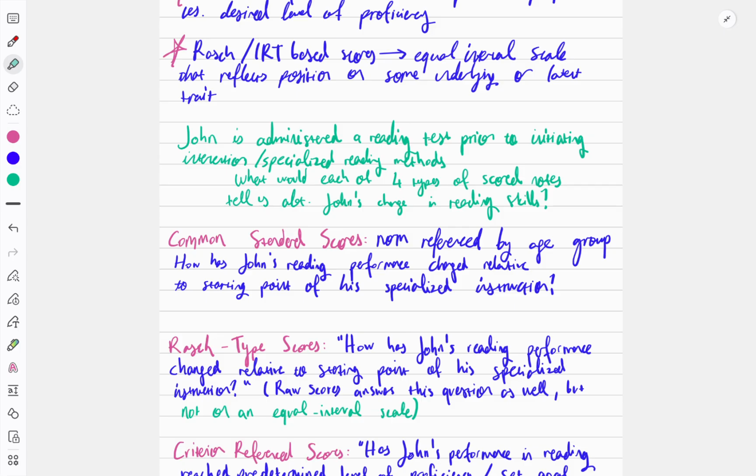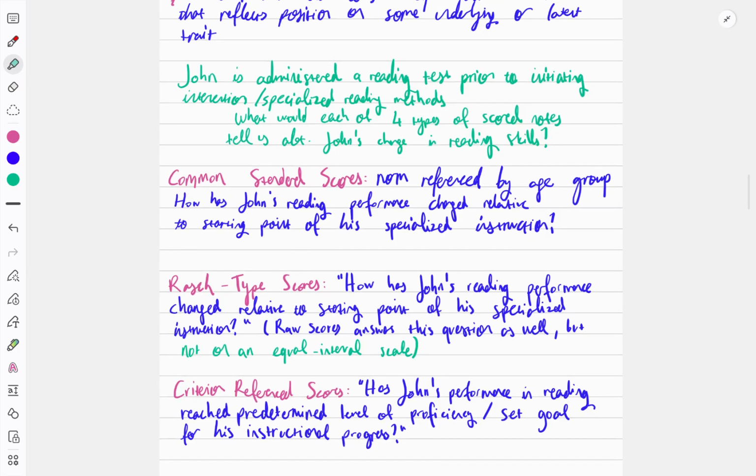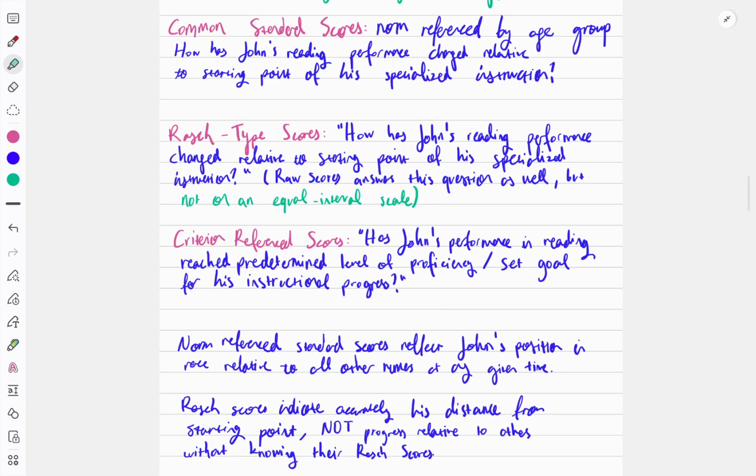For example, John is administered a reading test prior to initiating intervention or specialized reading methods. So what would each of the four types of scores tell us about John's change in reading skills? First off, common standard scores would tell us how John's reading performance has changed relative to the starting point of his specialized instruction.